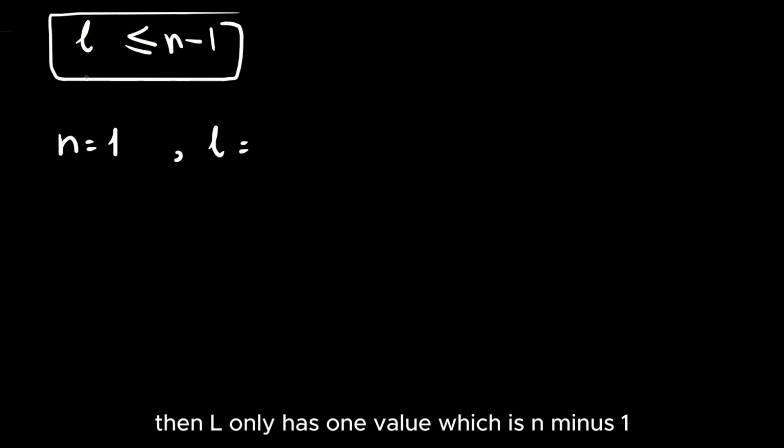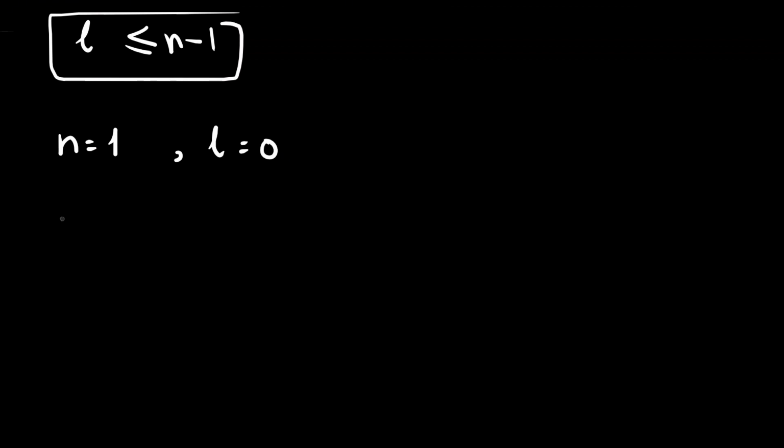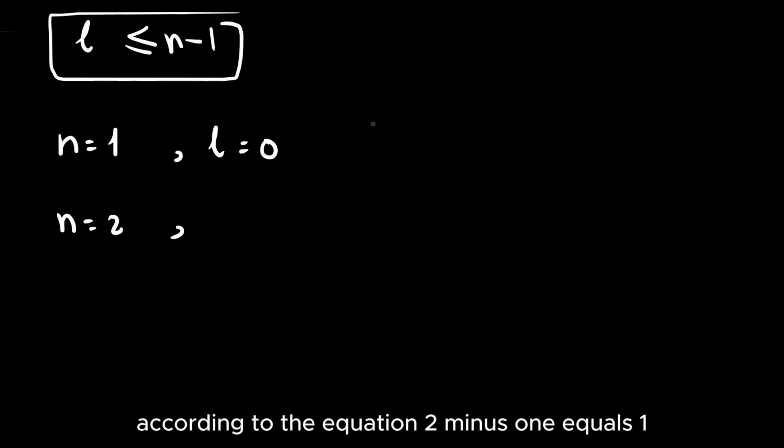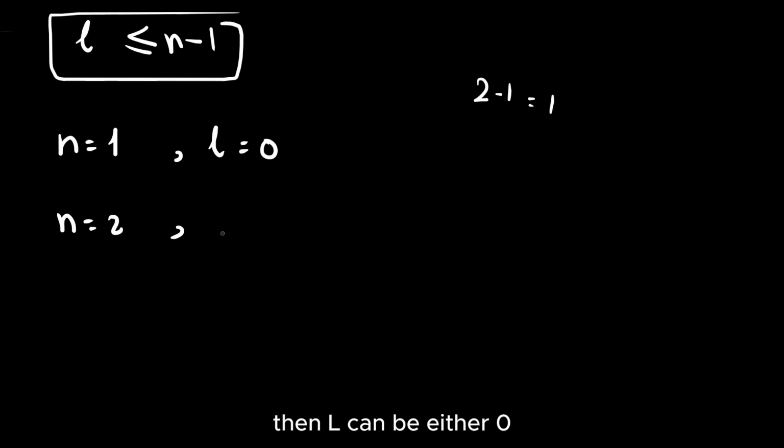So if N equals 1, then L only has one value, which is N minus 1, which is 0. If N equals 2, according to the equation, 2 minus 1 equals 1, then L can be either 0 or it can also be 1.